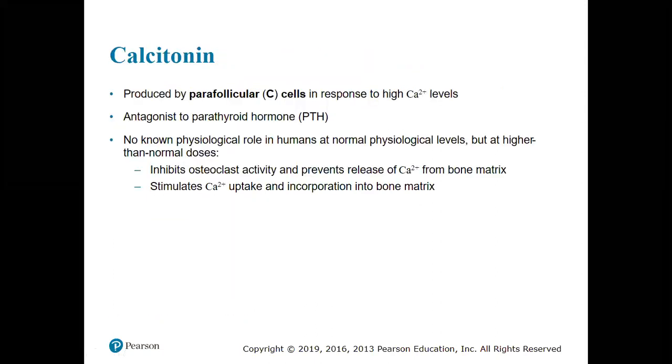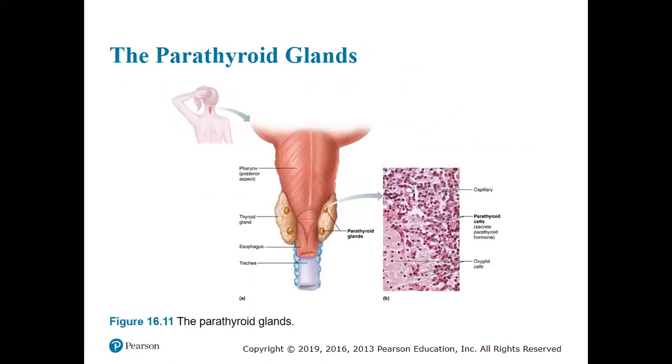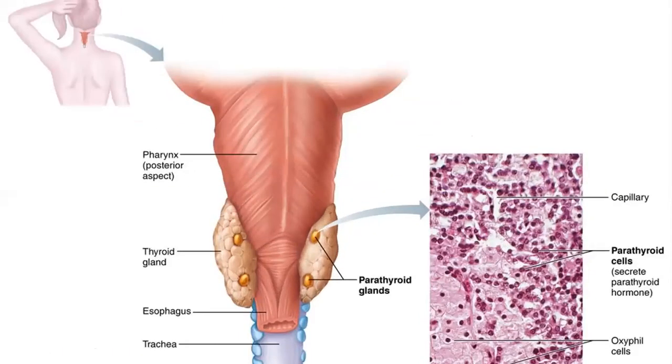Parathyroid gland, keeping with this parathyroid hormone, moving into the parathyroid gland. It says 4 to 8 tiny yellow-brown glands embedded in the posterior aspect of the thyroid. It says 4 to 8. Typically there are 4. Let's take a look at what this means. This is what we're talking about.